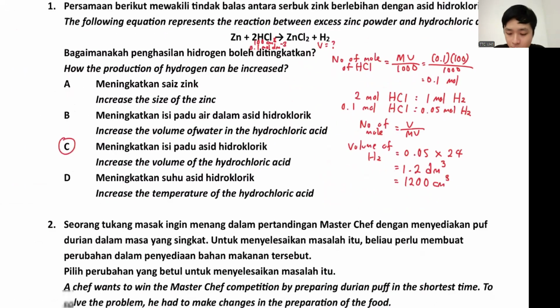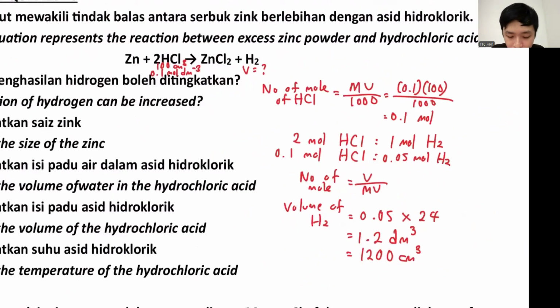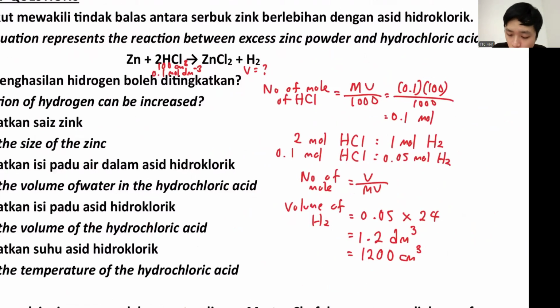Okay. So now, what happens if we increase the volume of acid, let's say to 200 cm cube? Then instead you will get 0.2 mole of HCl, correct? Then with the ratio, you will get 0.1 mole of H2. Everything multiply by 2, right?